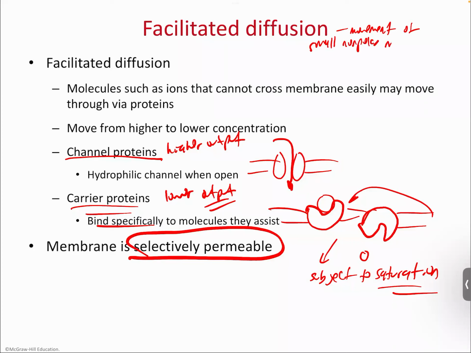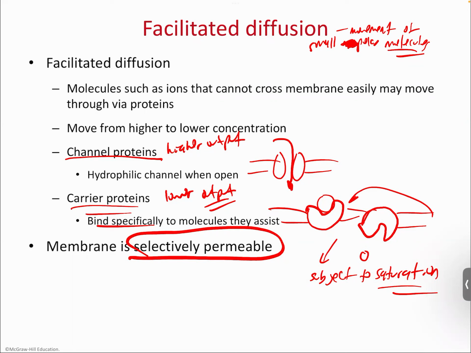Rephrase that. It's for the movement of small polar molecules. Nonpolar doesn't need any help. They can already go across the membrane because the membrane's already nonpolar, so they don't have a problem with it. The ones that have a problem with it are the polar molecules and the charged molecules. So they're the ones who need a little bit of help, and that's what these channels are for.